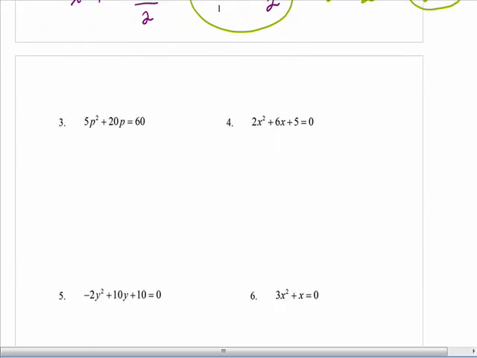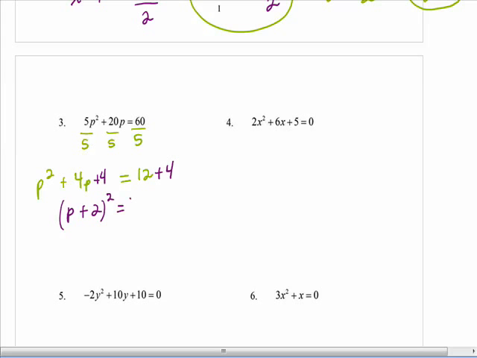Number 3, let's divide out the 5. And we'll get p squared plus 4p, leave some room, and 12. Kevin, what's my b over 2 squared value? It is 4. Nice. Oh, this one works out nicely. So p plus 2, quantity squared.